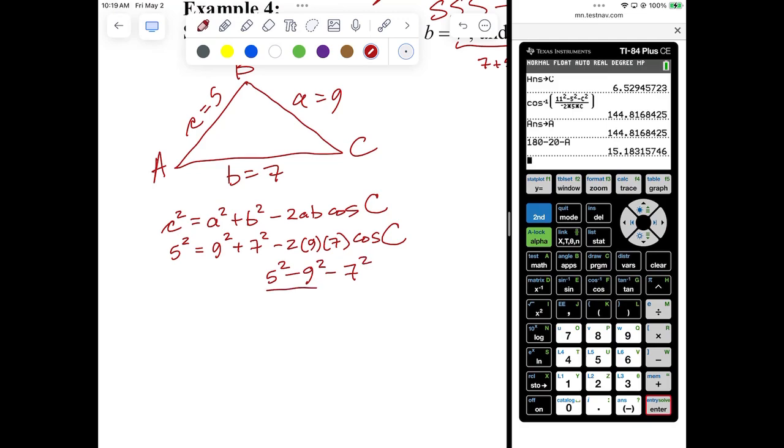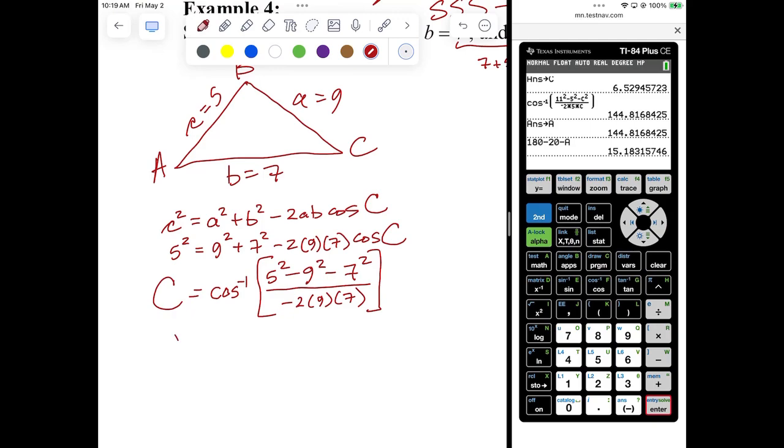And then we're going to divide through by negative 2 times 9 times 7, and that would equal cosine of C. And then we end up taking the inverse cosine of both sides, so that's what we end up with, and that equals C. You should be able to, with a little practice, go straight to that line right there, because it's the exact same algebra every single time.